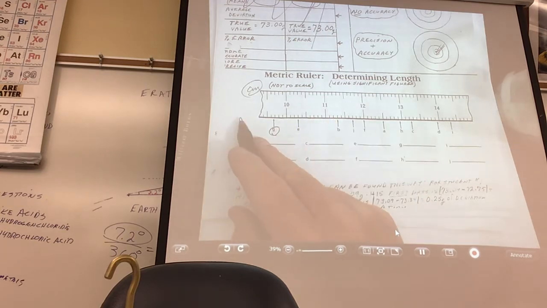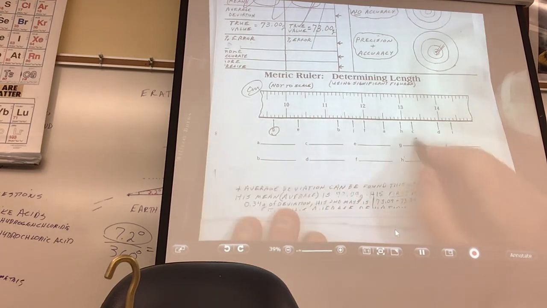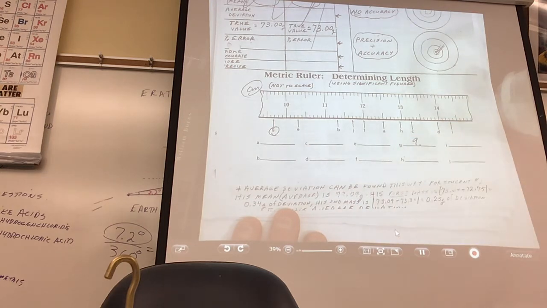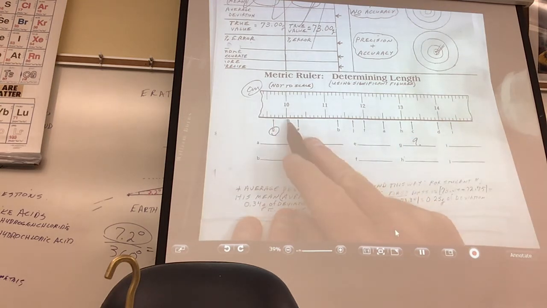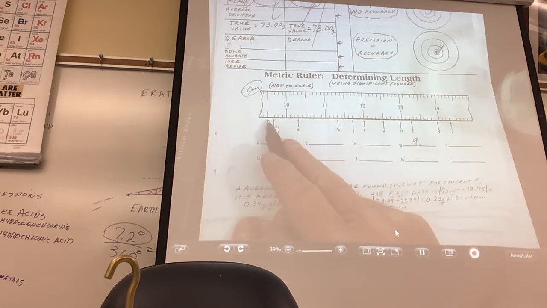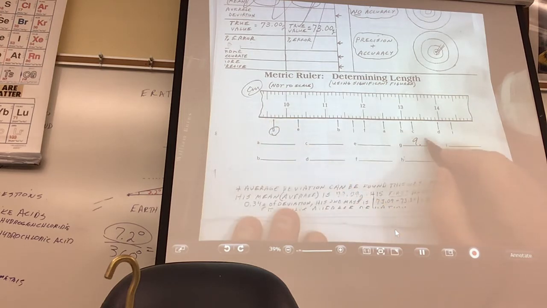I bet 9's over here somewhere, right? So you say 9 point what? And the good news about these companies, about halfway across, they put a bigger line. See that? So that's 9.5, isn't it? What's this guy? 9.6. I am certain it's 9.6.